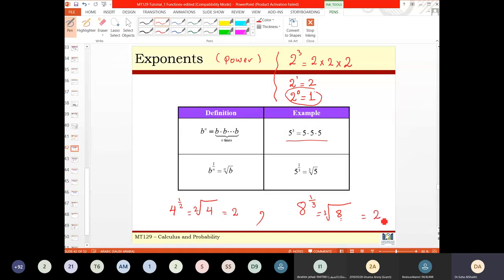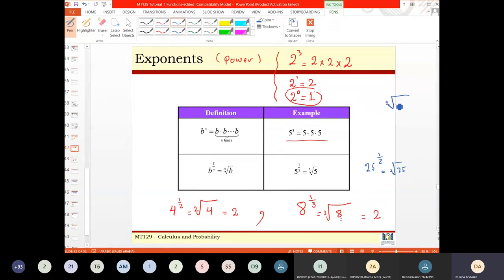It's number 2. Yeah? Another example, if I say you have 25 to the power half, إيش يعني 25 to the power half؟ يعني the second root of 25. By the way, whenever I write nothing معناها أتكلم عن second root. Okay? إحنا متعودين نكتب root عادي.